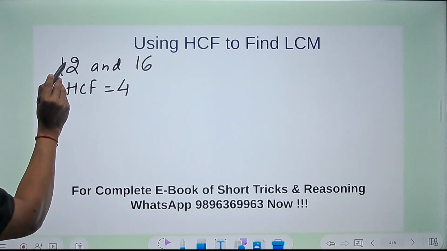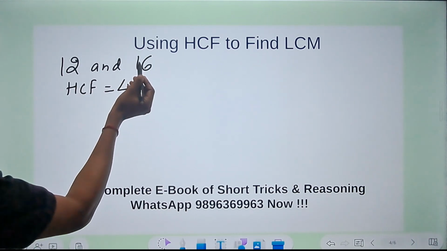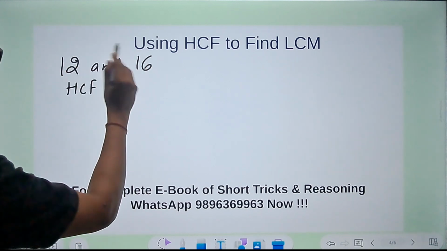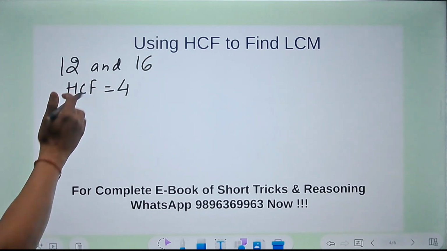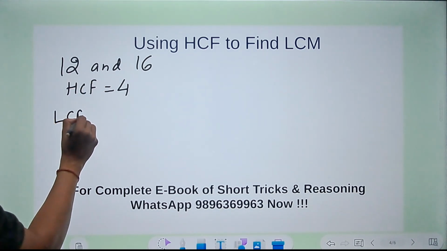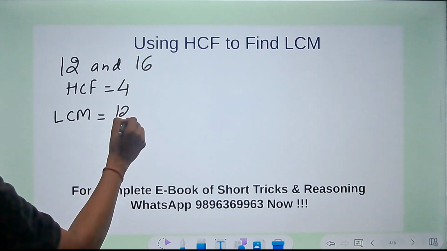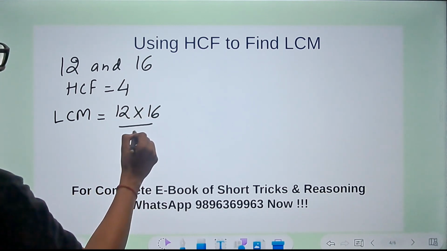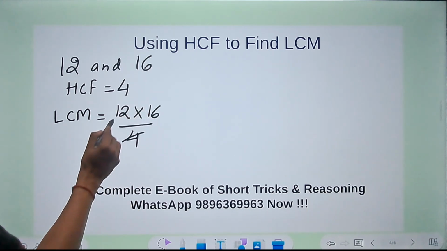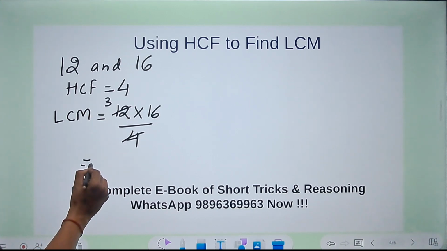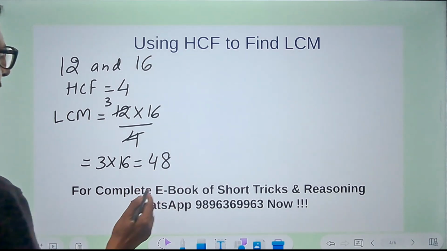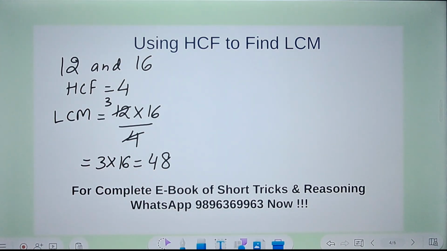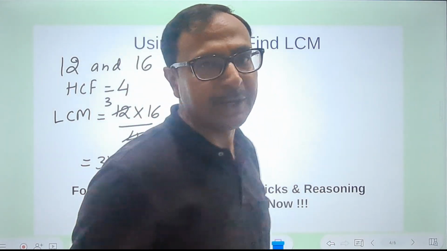And then 12 divided by 4 is 3 and 16 divided by 4 is 4. So 3 and 4 will not have any other common factor. So HCF is 4. Now what will be the LCM of these two numbers? It will be the product of the numbers divided by the HCF. Now 4 cancels 12 3 times, and your answer will be 3 times 16, which is 48. And I'm sure the part of the calculations which I have written here, you can do orally.